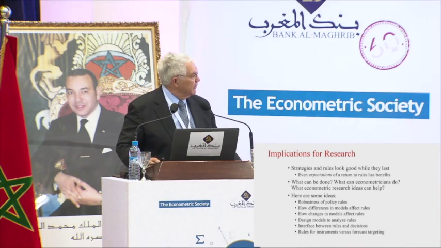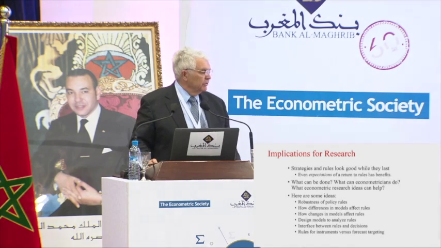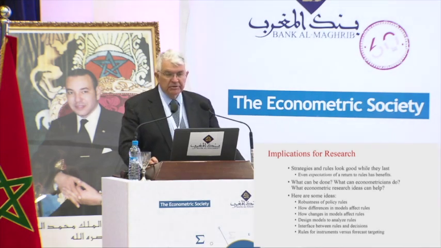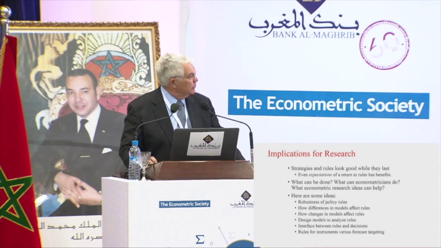But I can't emphasize that any more than I just did. And I'd say the rules or strategies should tend to focus on the instruments rather than on forecast targeting, and I referred to that already. So there's lots of implications for research, which I think it would be great if people did.